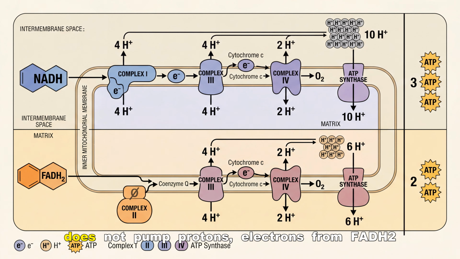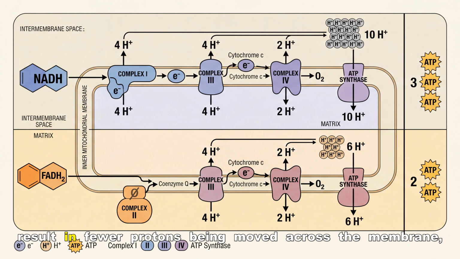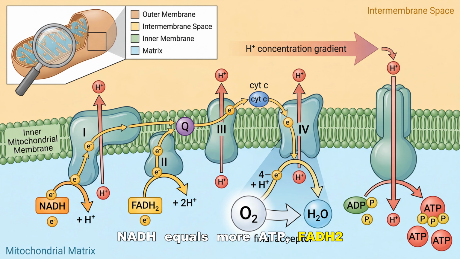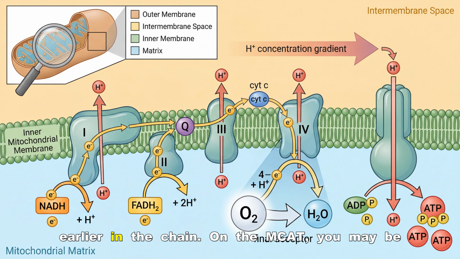Because complex 2 does not pump protons, electrons from FADH2 result in fewer protons being moved across the membrane, and therefore less ATP generated overall. Typically, NADH produces about 2.5 ATP, while FADH2 produces about 1.5 ATP. A quick mnemonic is NADH equals more ATP, FADH2 equals fewer ATP, because NADH starts earlier in the chain.